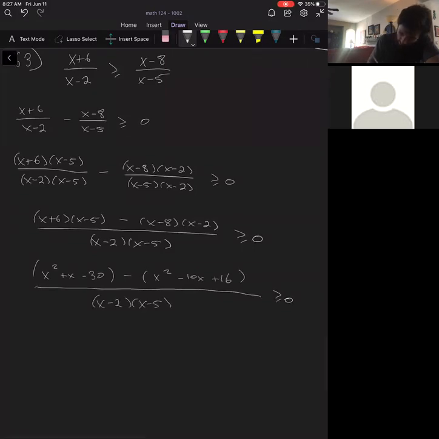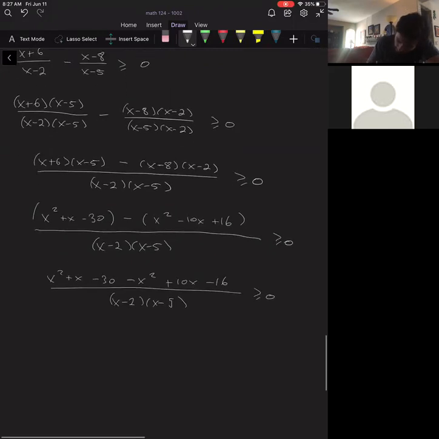Okay, so then the top is going to become x squared plus x minus 30 minus x squared plus 10x minus 16. All right, so those x squareds cancel, and we have an x and a 10x, so that's 11x, and then a minus 30 and a minus 16, so minus 46, and the bottom is going to be x minus 2 times x minus 5.